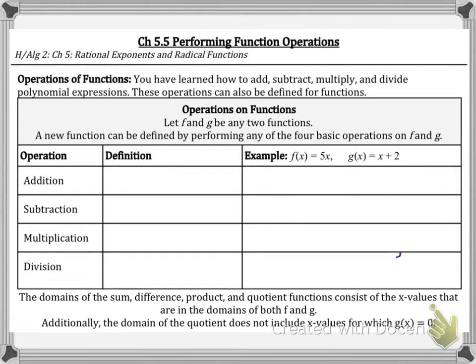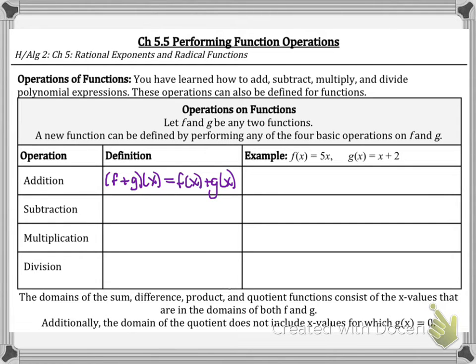So let's look at the operation addition. And we're given the example f of x equals 5x and g of x equals x plus 2. So the definition of adding, what it looks like is you would see f plus g of x. And all that means is you're going to take f of x and add it to g of x.